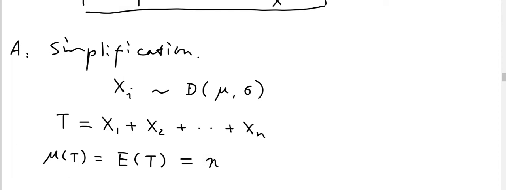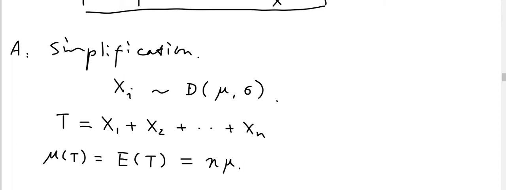So X1 has mean mu, X2 has mean mu. Those X_i, X1, X2, we cannot say they are equal, but they are identically distributed, from the same distribution.